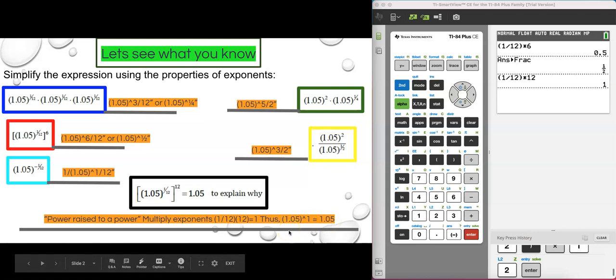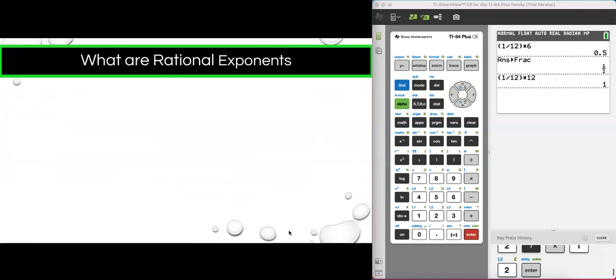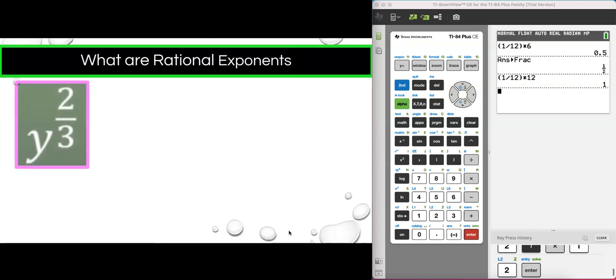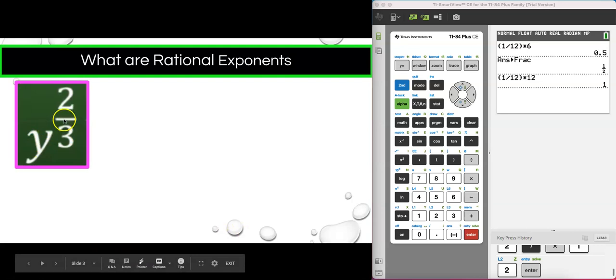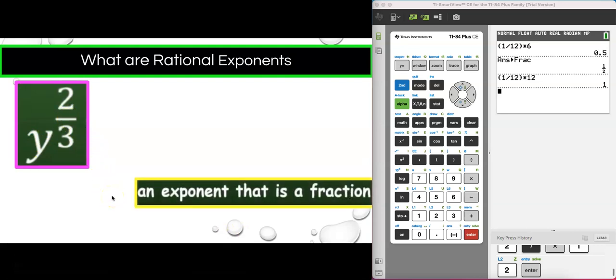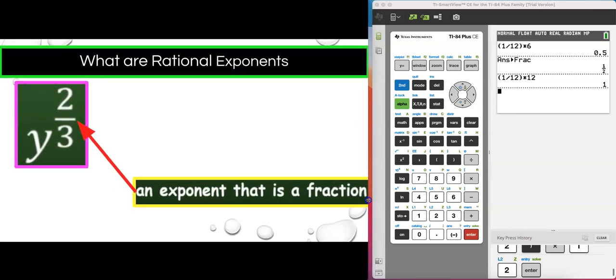Okay, now that we've had some time to do a little reviewing, today we want to take a look at, first of all, what are rational exponents? Here we have the variable y raised to the 2/3 power. A rational exponent is basically an exponent that is written as a fraction. That's all a rational exponent is.